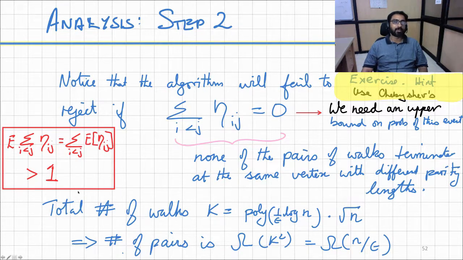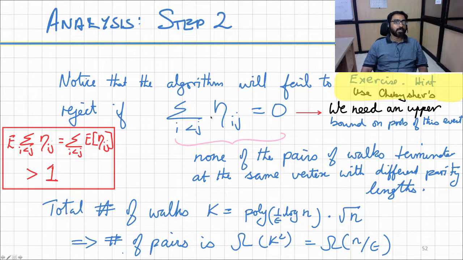So it's going to be greater than 1, assuming the constants are appropriately chosen. But this doesn't give us enough strength, because this only says that the expectation is greater than 1. What we want is to ensure that the probability with which the summation of eta ij will actually be more than 1.